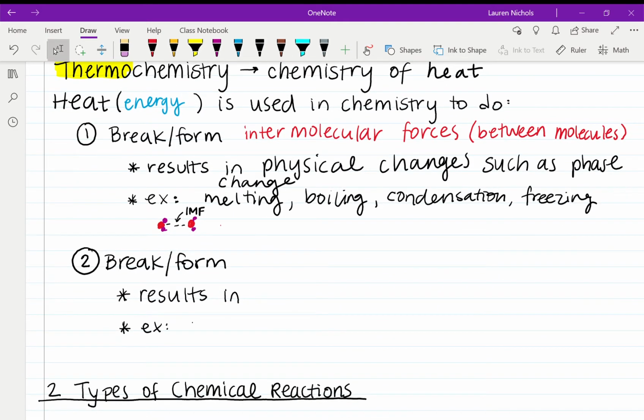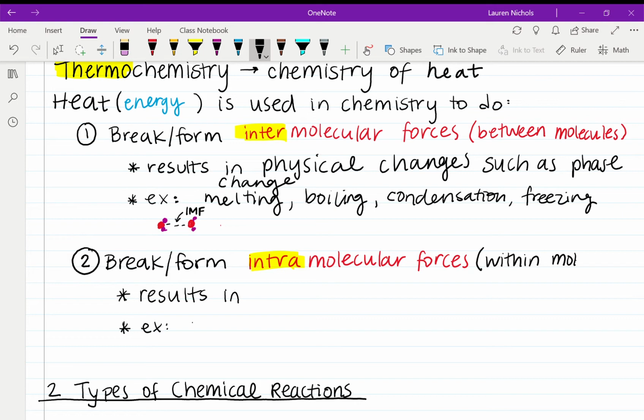They can also break the other type of force, which is our intramolecular forces. You're going to have to pay attention here because the main difference between these two is this is inter, this is intra. Intramolecular forces are within the molecule, or inside the molecule.